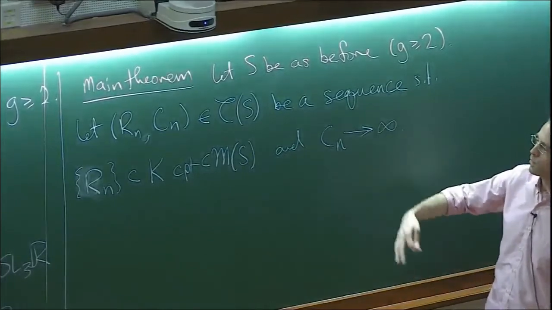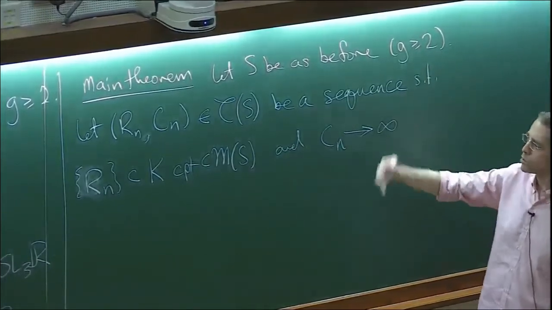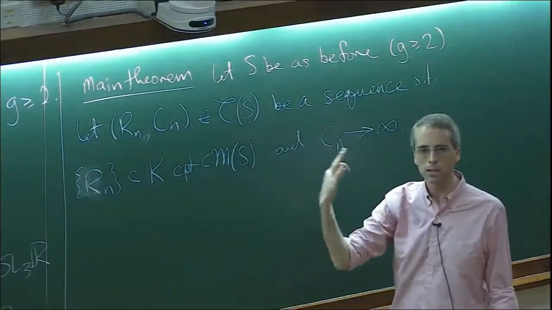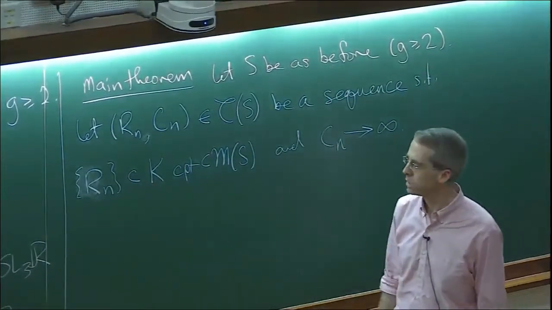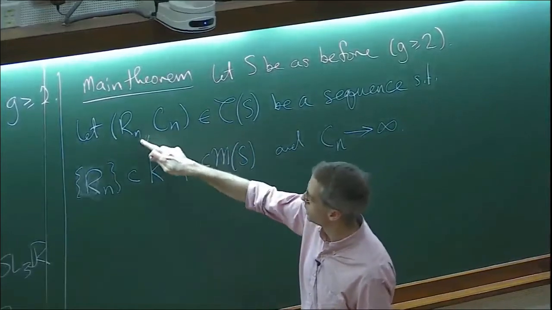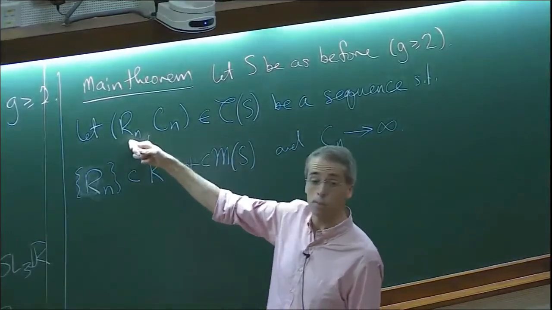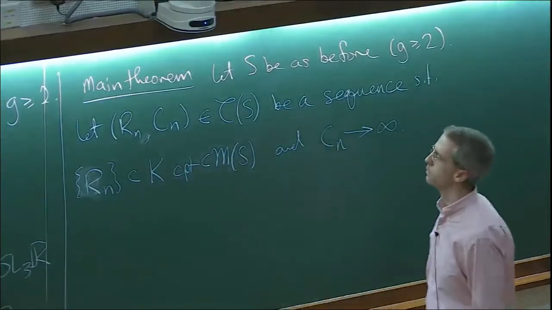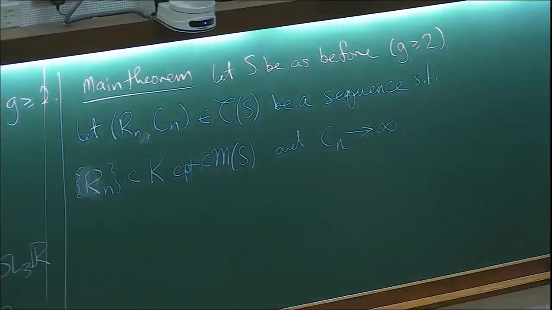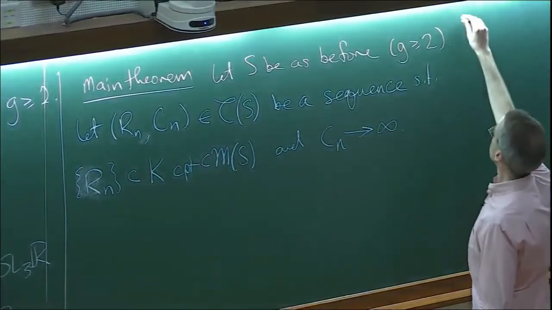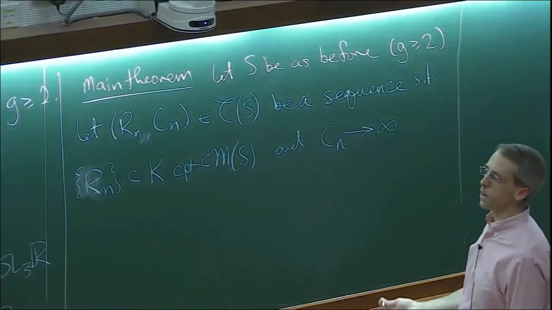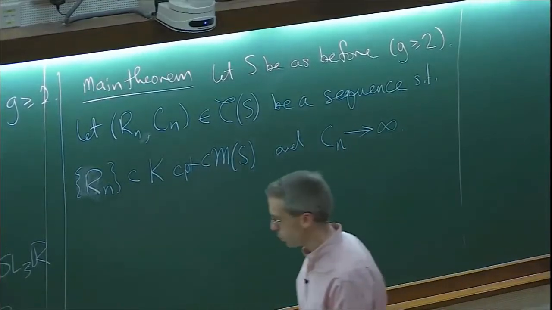So this is some kind of vertical divergence in this bundle, where you're going to infinity in the fiber direction while staying bounded in the moduli space direction, as opposed to another type of degeneration you could consider where the Riemann surface goes to infinity and maybe the cubic differential remains bounded. Okay, so that's our case of interest. Then we have a subsequential theorem about what happens to the corresponding convex sets in RP2.